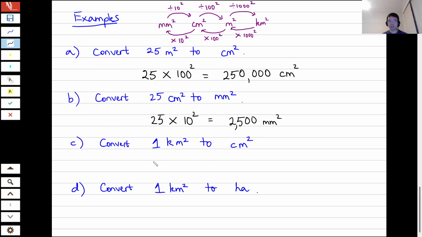So let's do it: the number 1 times 1,000 squared times 100 squared. Now, this is going to be massive. You can use a calculator if you want to. Based on my experience, there are going to be 10 zeros after the 1.